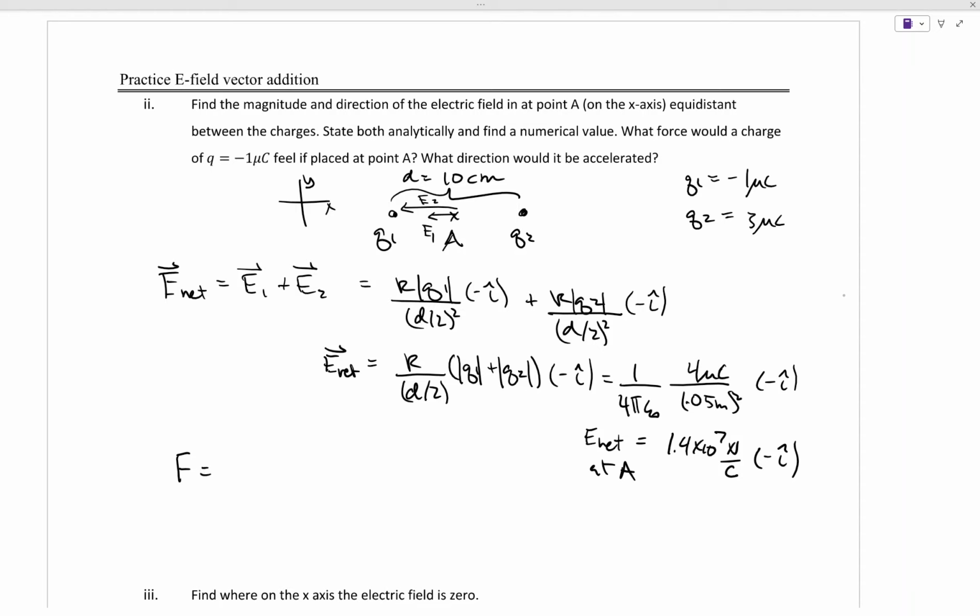So electric field is force per Q. So the force then is E times Q. So we could compute this as, actually, we can put all the ingredients together, 1.4 times 10 to the 7 newtons per coulomb, times our charge of negative 1 microcoulomb. And what is this going to give us?